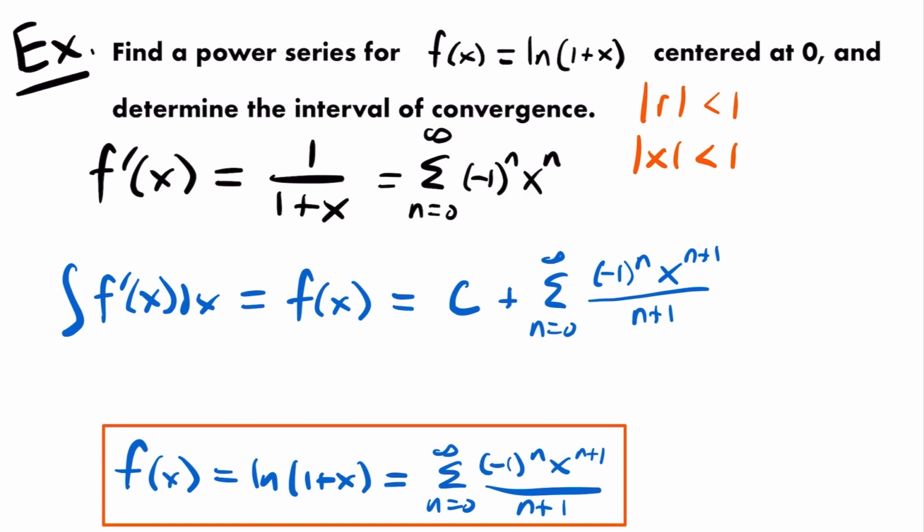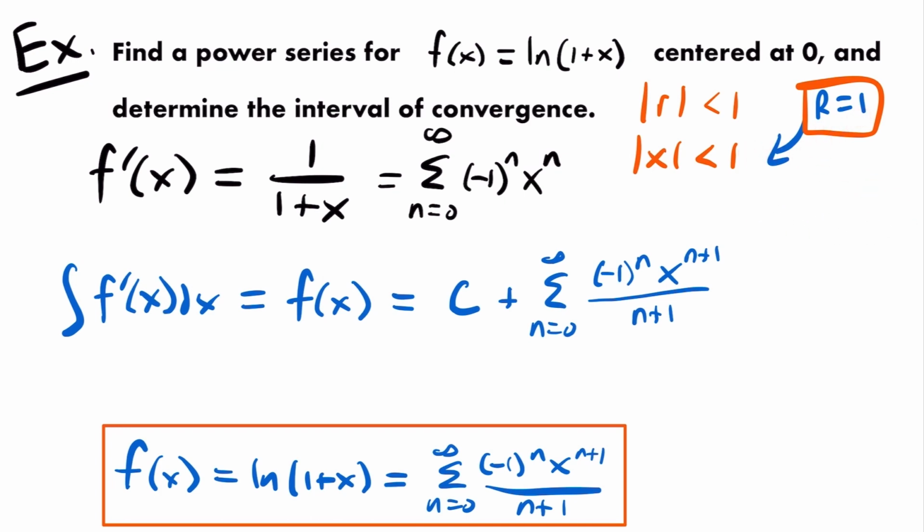The first thing is that our radius is equal to 1. Whenever you have the absolute value of x minus c less than some value, that value is the radius. In this case, c is 0 because our power series is centered at 0, and so we just have the absolute value of x is less than some value, which is 1, and so 1 is the radius.